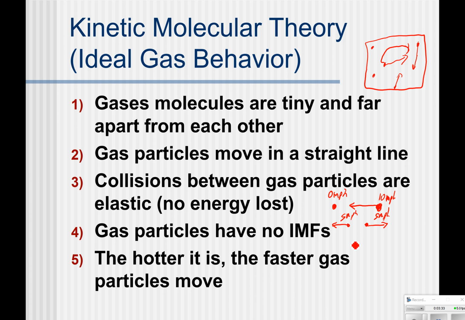Or we could have a complete transfer where maybe now this one's moving at 10 miles an hour and the one that was traveling at 10 is now not moving at all. We actually wouldn't see this arrow here if it's not moving. So we assume that there's no energy lost really to the container or the surroundings that the gas is in.